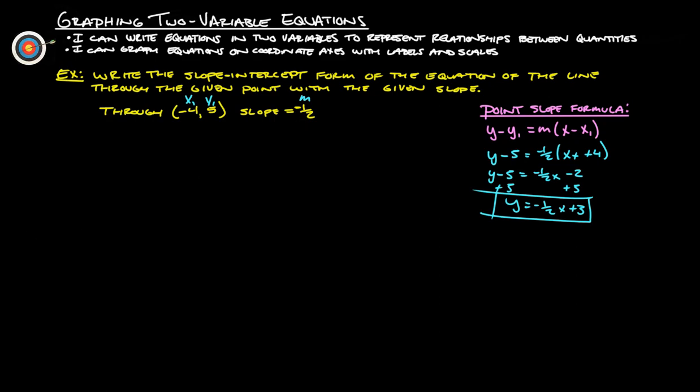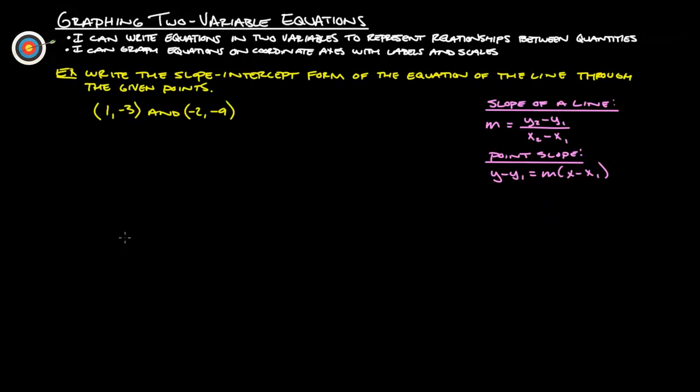Okay, one more last example is write the slope-intercept form of the equation of the line through the given points. So now they give us 2 points, no slope, but we'll have to actually go through and figure out the slope first, and then use one of the 2 points to plug into point-slope.